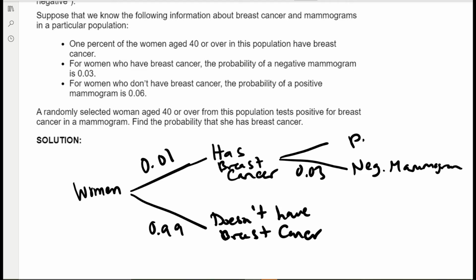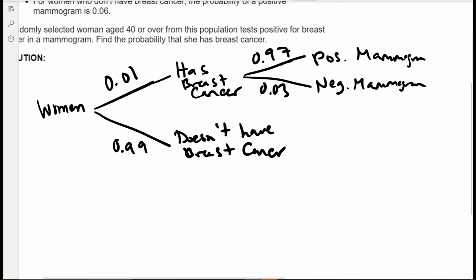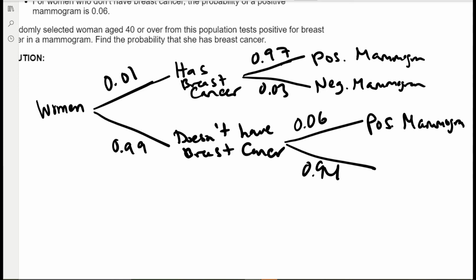For a positive mammogram, it has to be a 97% chance, right, to add to 100%. And then for the women that don't have breast cancer, they have a 6% chance that the mammogram says they're positive for cancer. So that's a false positive. And then there's a 94% chance that it correctly says that they don't have cancer.